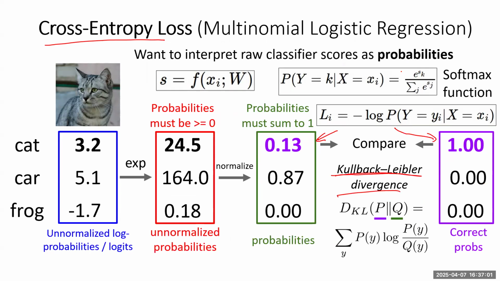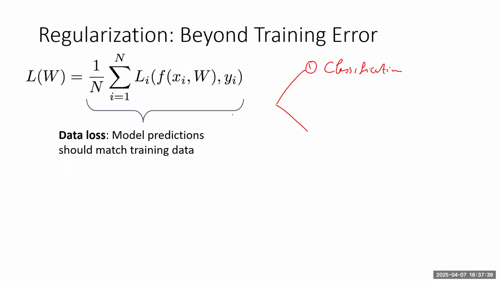So the output in this case is a PDF, a probability density function with the probability that this image belongs to this class, or the probability that I'm having this class of the cat given the image, which we call probability of y given x. So x is the input and y is the first class, then the second class, then the third class, all of them, y1, y2, y3, given the x, okay? This is the first category.